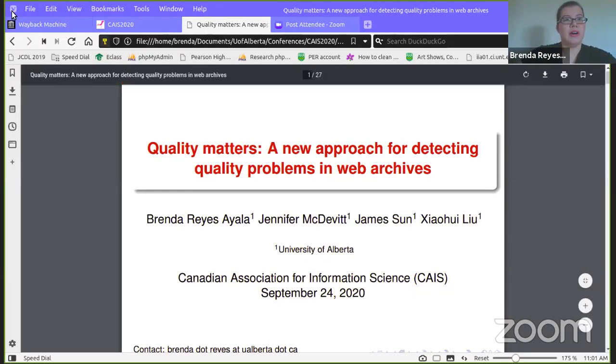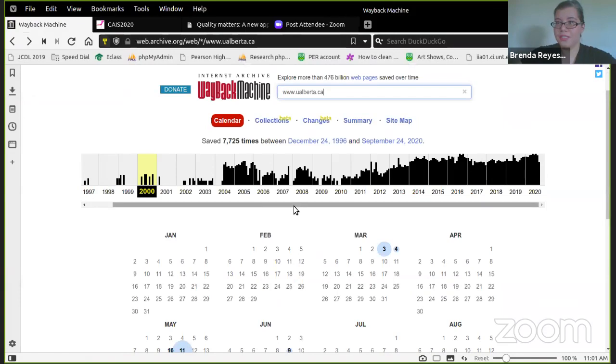And can you see the Wayback Machine? Yeah. So the most famous example of web archiving is called the Wayback Machine from the Internet Archive. The Internet Archive is located in San Francisco, California, and it is one of the world's largest libraries.